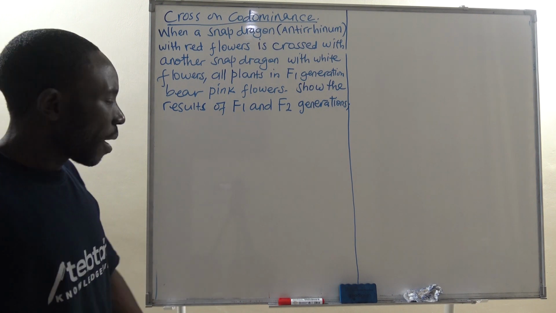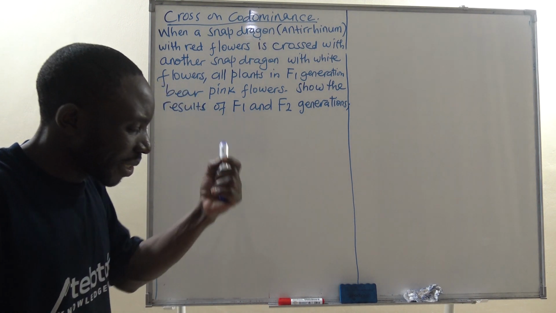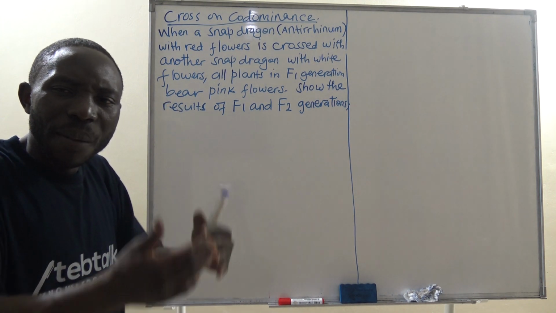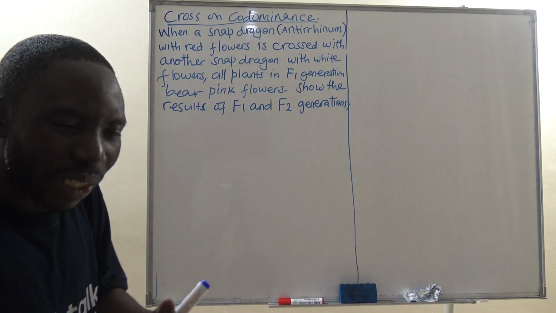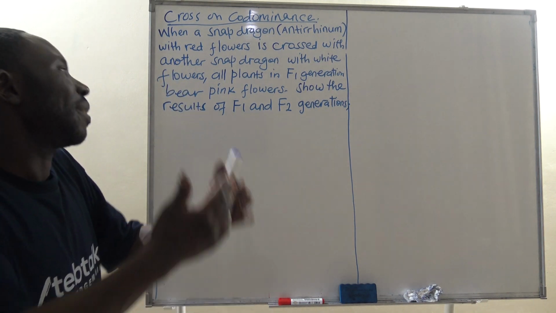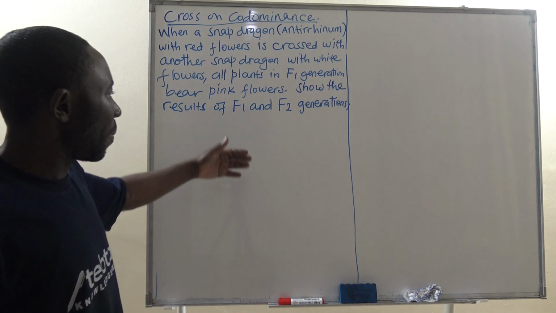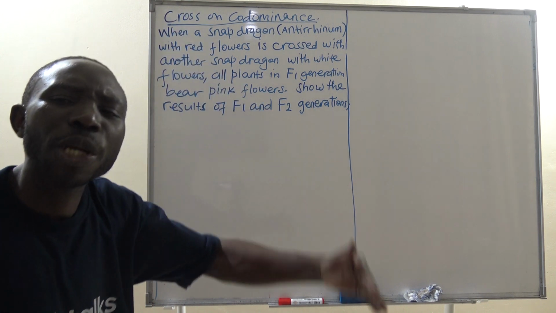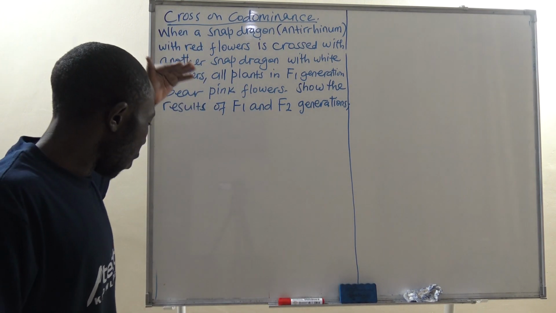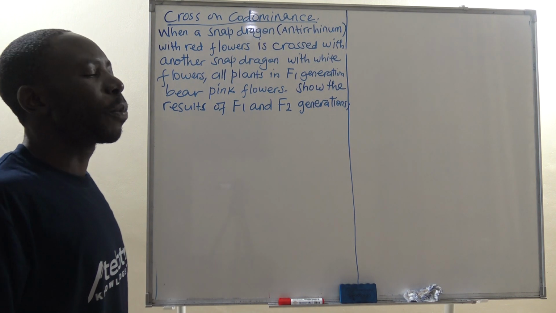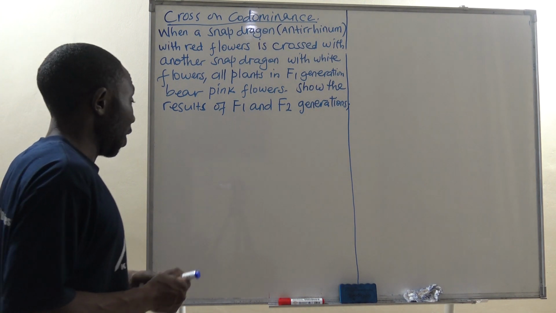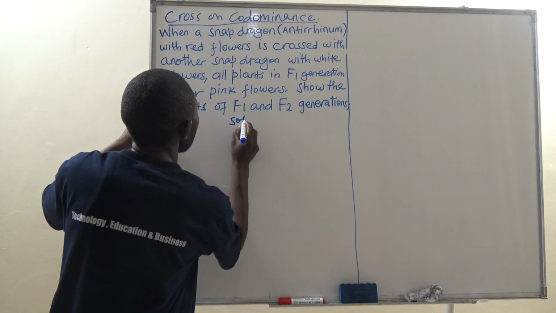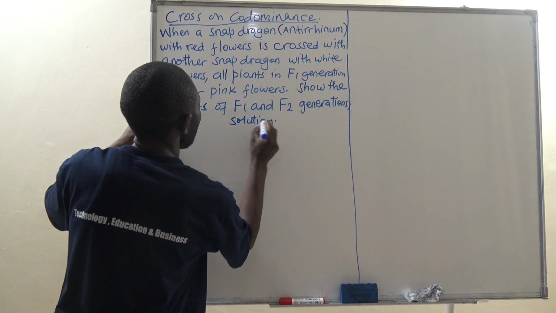Under such an instance, the other different capital letters which represent the alleles that determine the characters will be written as superscripts on the capital letter representing the color. So now I can say, solution.